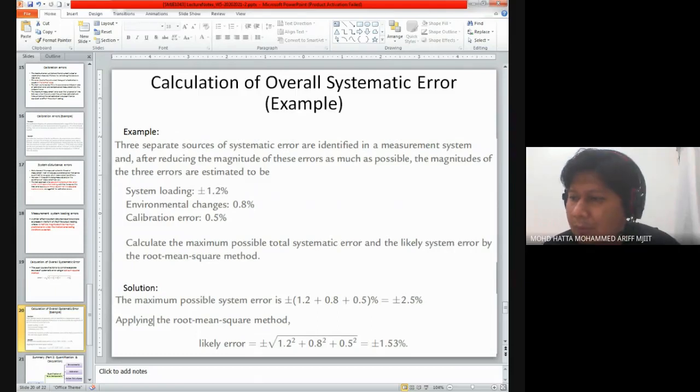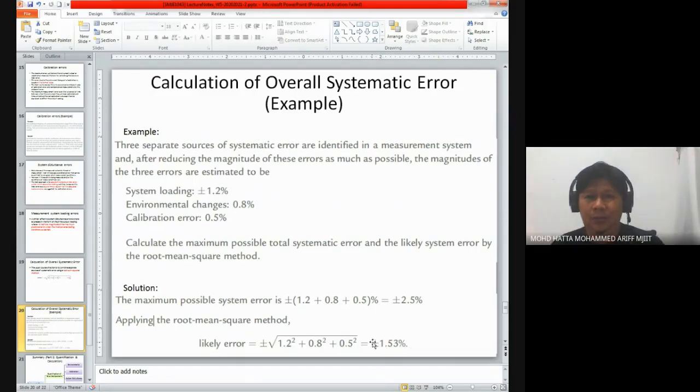The way we put the numbers in our equation is: for system loading we have 1.2, so 1.2 squared plus 0.8 squared plus 0.5 squared, and we take the square root of this summation of squares, and this is the answer.